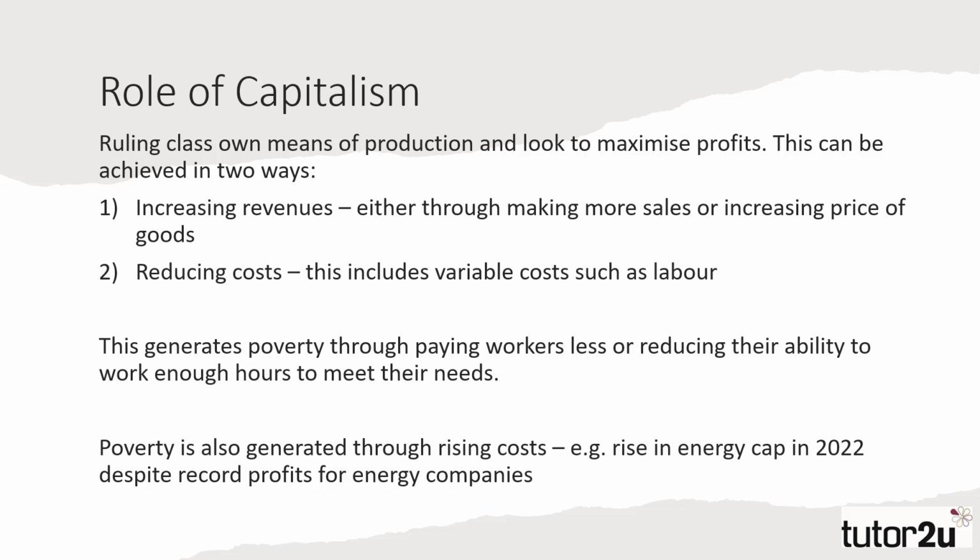This is the case with the cost of living crisis in 2022, as wage stagnation, that is, rising less than inflation, coupled with rising fuel costs, leaves families on the brink of poverty. The rise in the energy price cap, the recommended price suppliers should charge for energy, comes at a time when energy companies are boasting record profits.